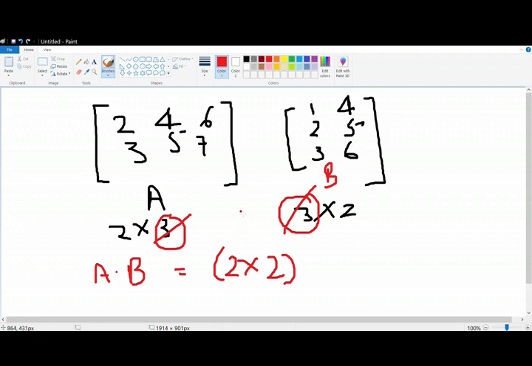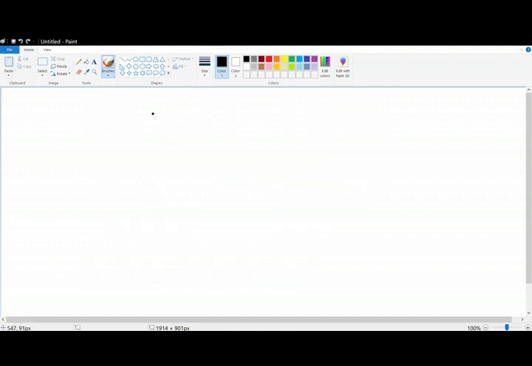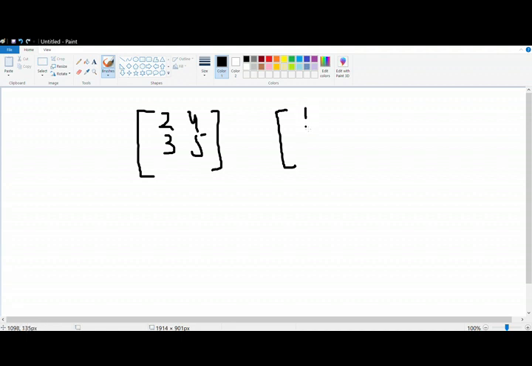But can we multiply the inverse? Let's suppose we have matrix A as 2 3 4 5, and matrix B as 1 2 3 4 5 6 7 8 9. Please don't mind the 8.